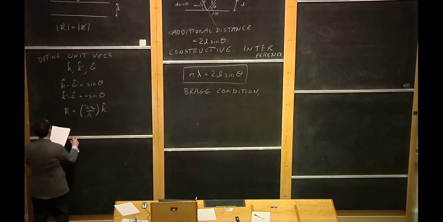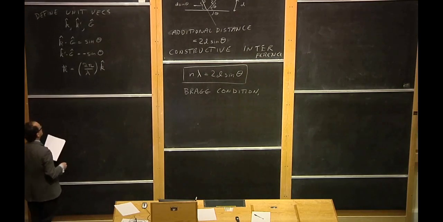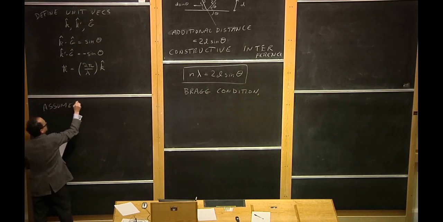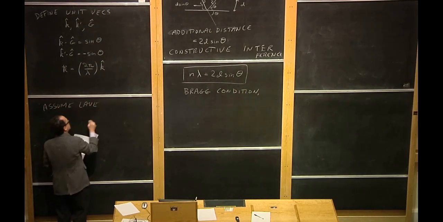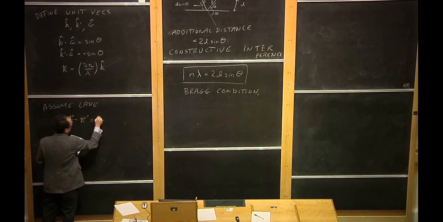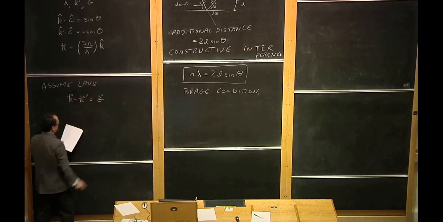Okay, good. So we're going to assume the Laue condition. So assume Laue. That is k minus k prime equals G. So assume that's satisfied.